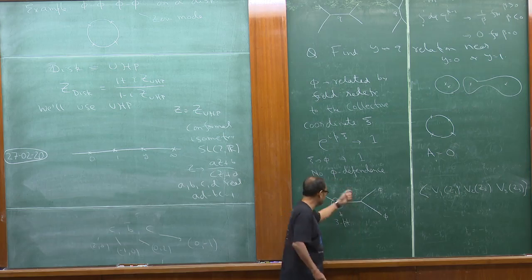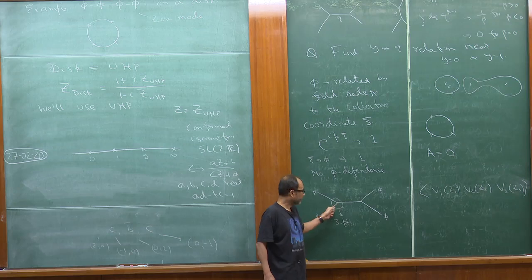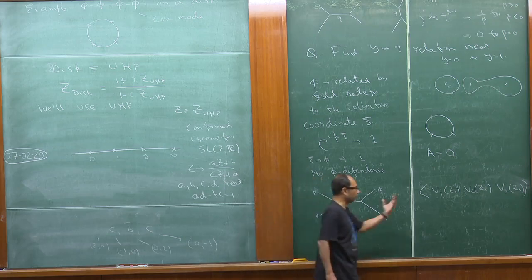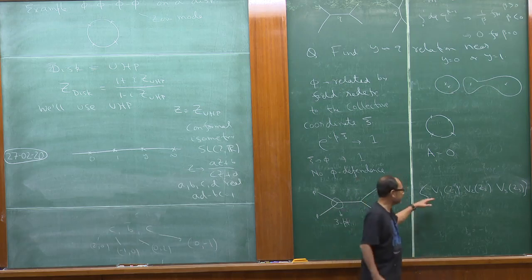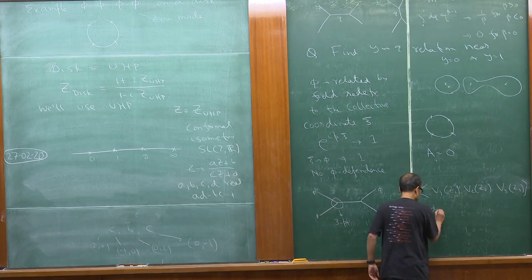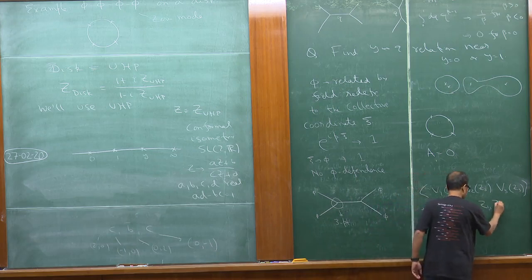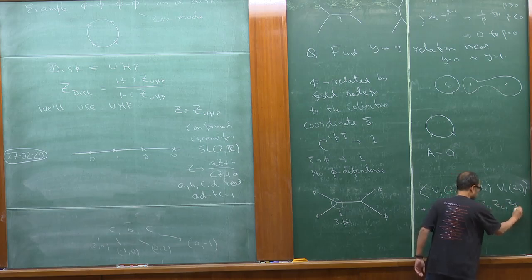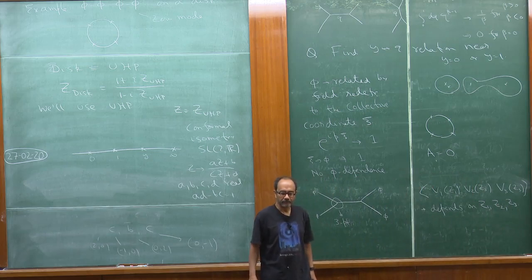If you look at a diagram like this, you see these are on shell, these are c del x, so these have no problem, they are dimension 0 primaries, but this one can be anything. That's why in field theory the internal states are never on shell. So we need at least one of the vertex operators to be off shell, and if that's the case, then this depends on Z1, Z2, Z3. If you're interested in just the pole contribution, then it's just the on-shell 3-point function.